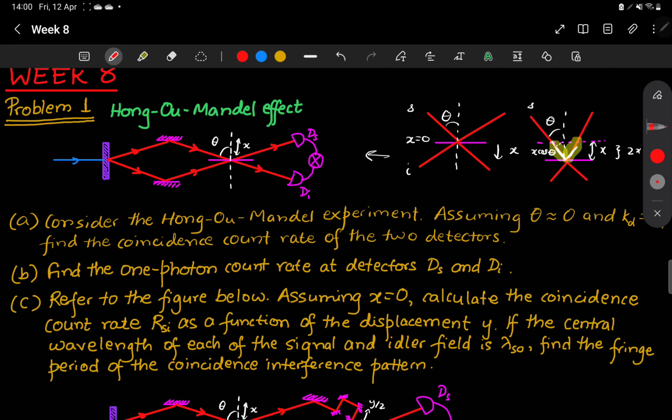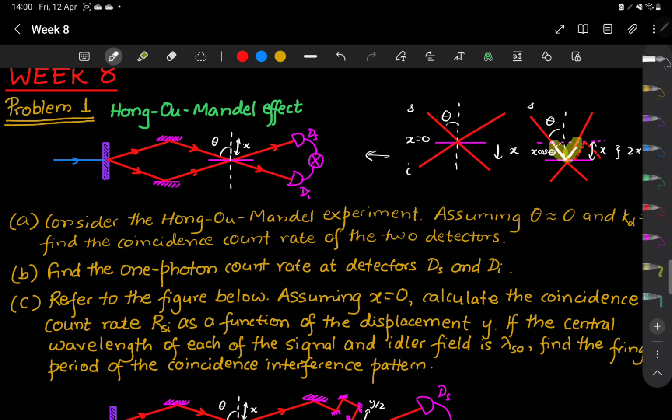So earlier idler would have gone this path total. Now it is traveling that much distance less. So for idler, the reduction is also by the same 2x cos theta amount.